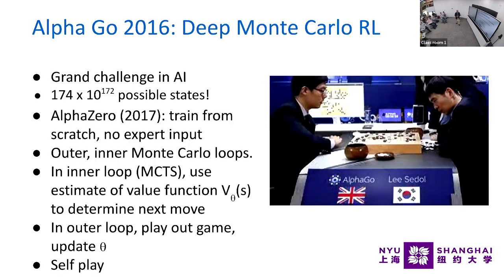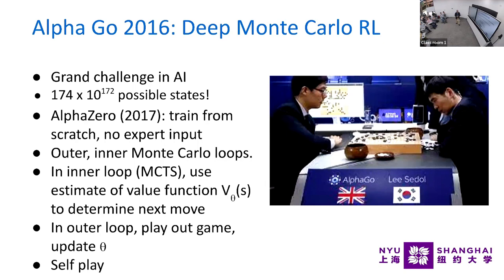The next huge breakthrough, which received a tremendous amount of attention in the press, is AlphaGo, in 2016. This uses a technique which I call deep Monte Carlo RL. Of course, it was a grand challenge in AI to come up with an algorithm to beat the grandmasters in Go.